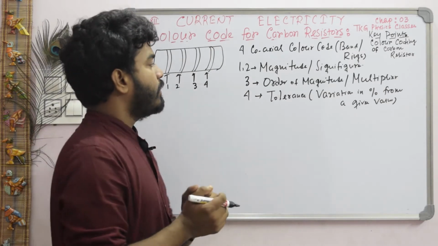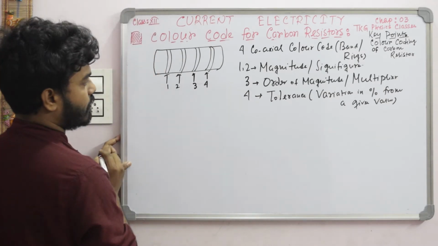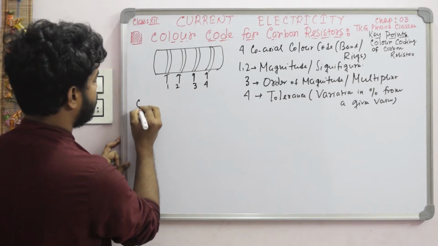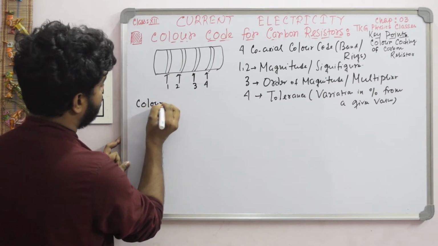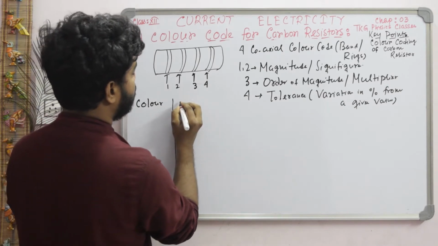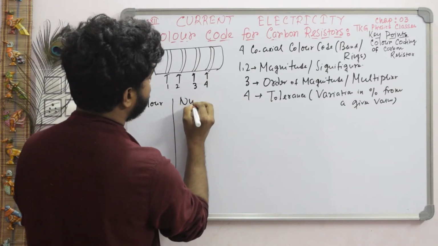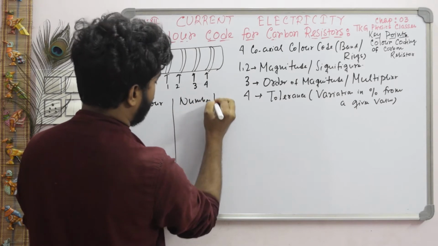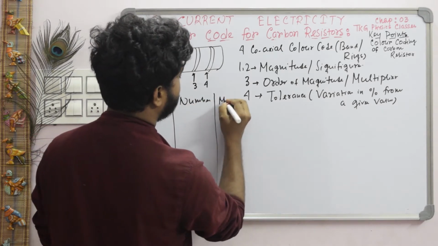Okay, now make a table at first. Suppose this is the color, second you write this is number, and third you write multiplier.